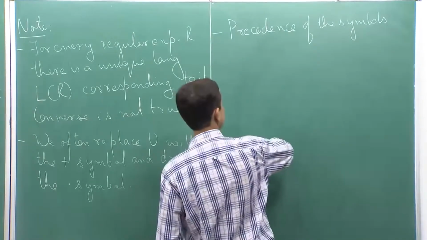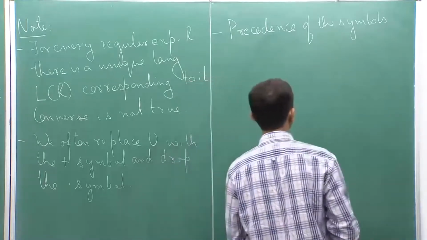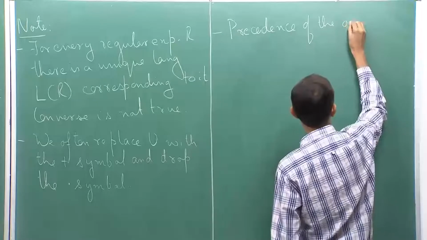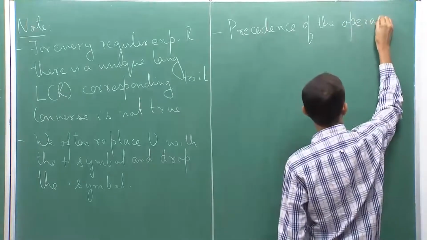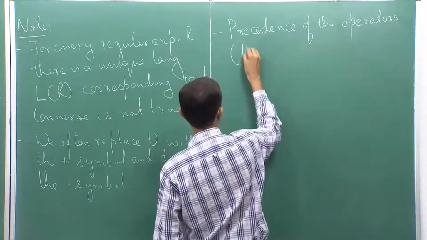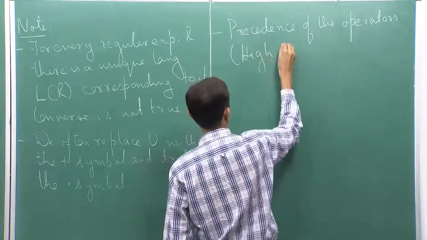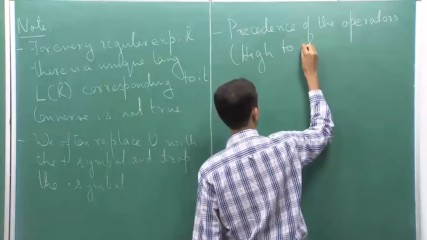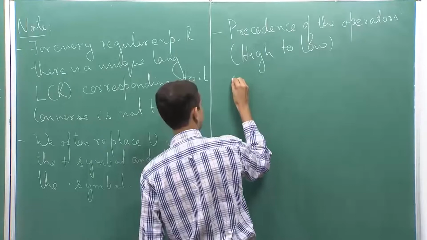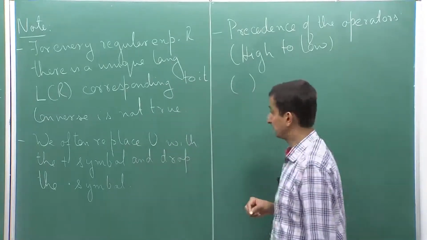So the precedence of the operators from high to low is as follows. So first we have the bracket operator.